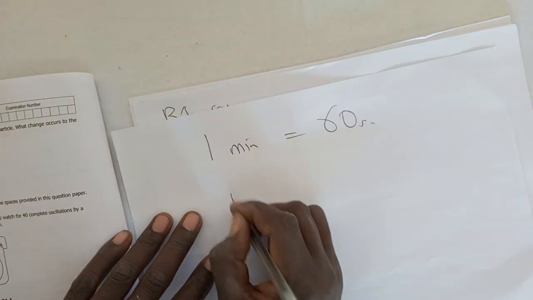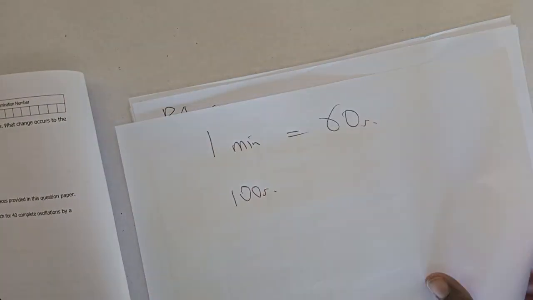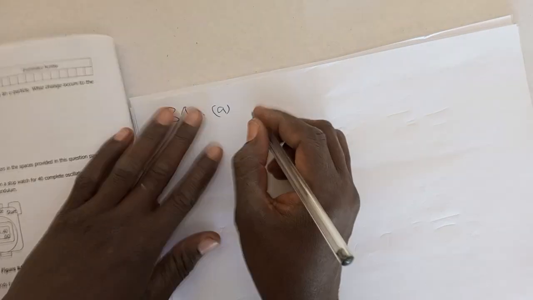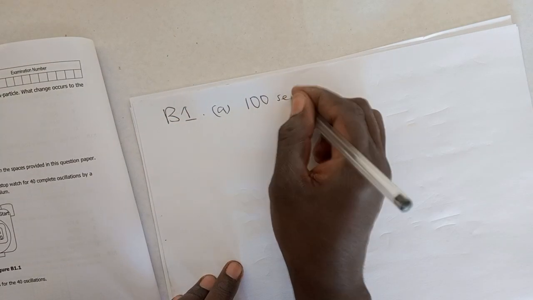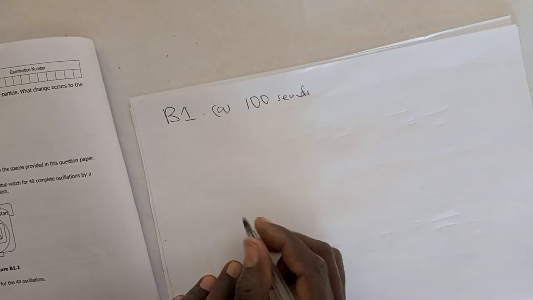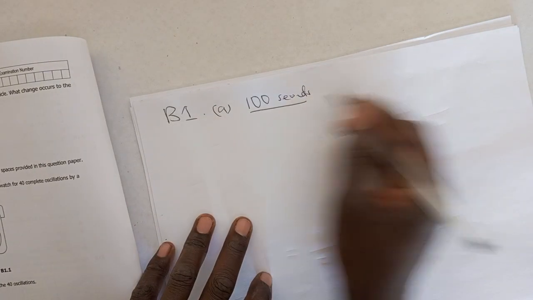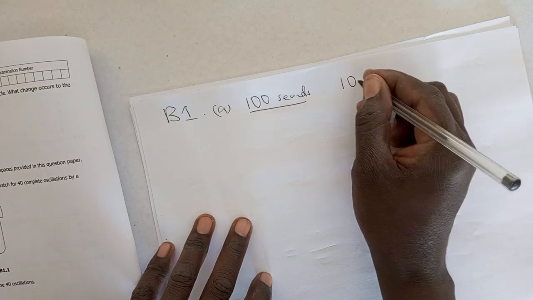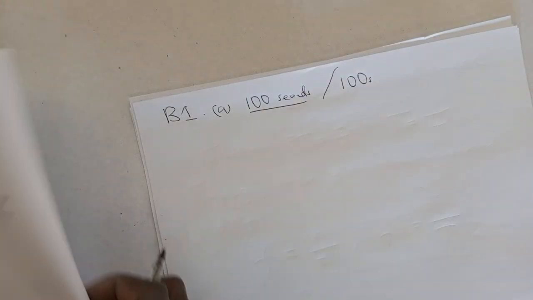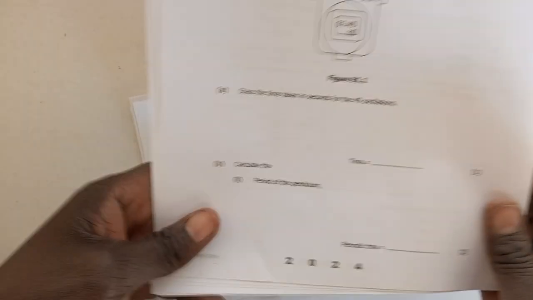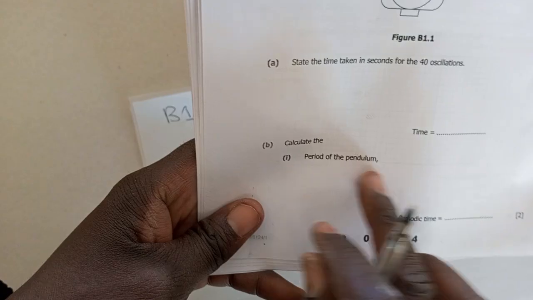This gives us 100 seconds. So the answer here is 100 seconds. You can also write it in this way, 100 s, either of the two. Okay, we move on. Calculate the period of the pendulum.